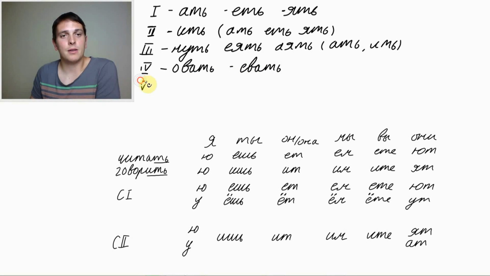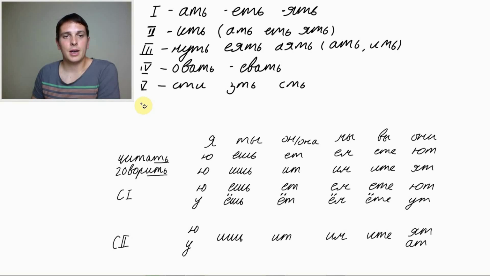Type number 5 has endings сти, зть, зть мягкий знак, and сть, ст мягкий знак. And the type number 6, ending чь.